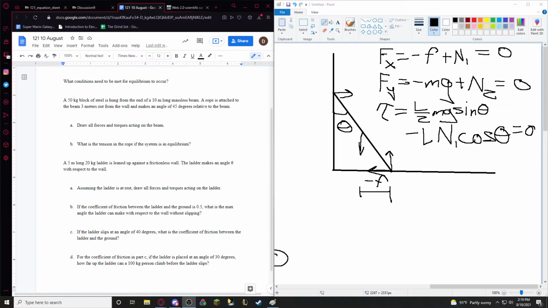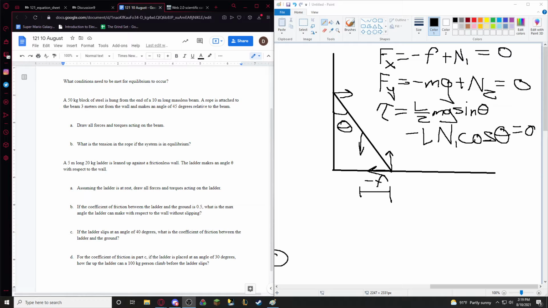Well, first of all, we want to find the absolute limits. We want to find where the frictional force is reaching its limit to where it can no longer stop the ladder from slipping.